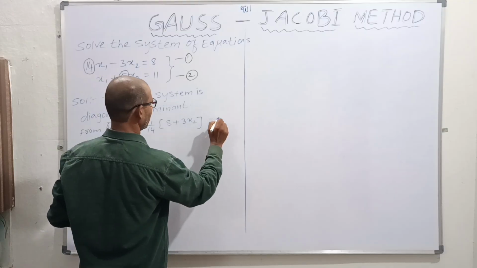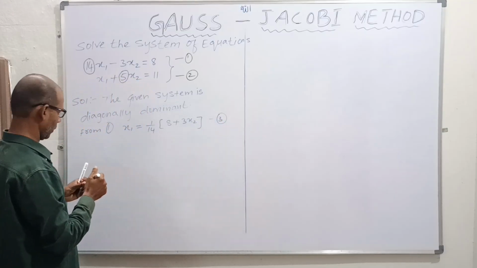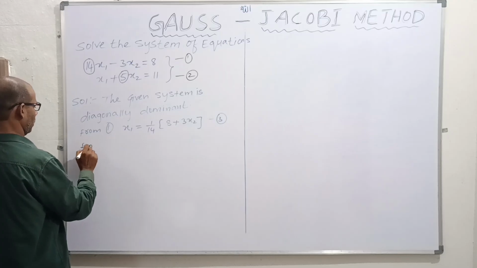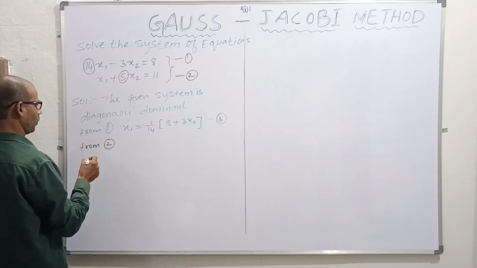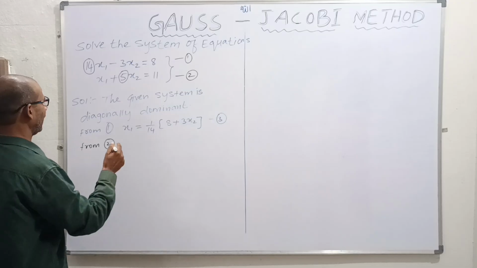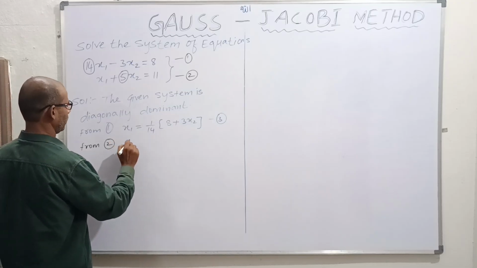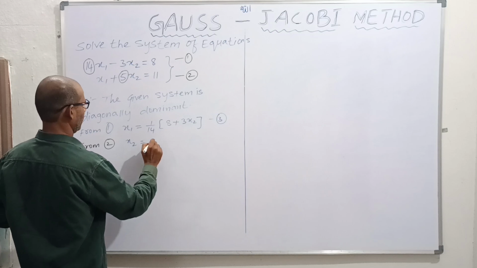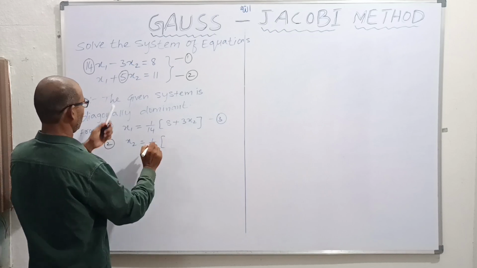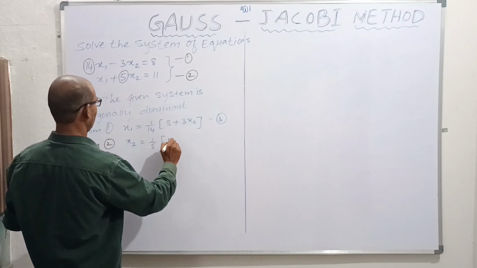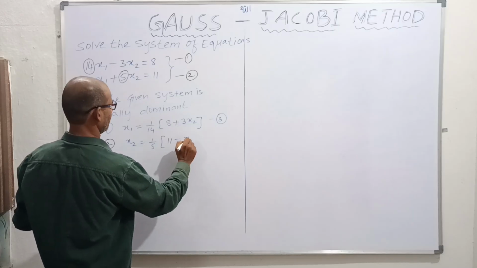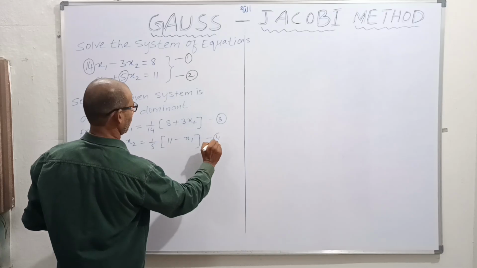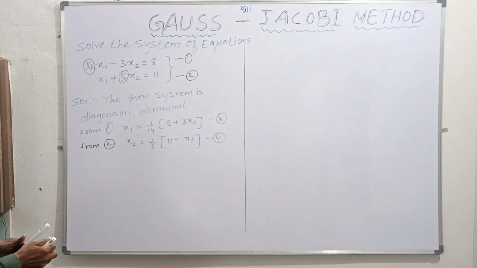This is number 3. Then from 2 we will find x2. x2 is equal to 1 by 5 into 11 minus x1. This is number 4.